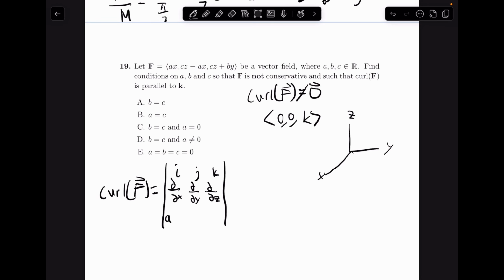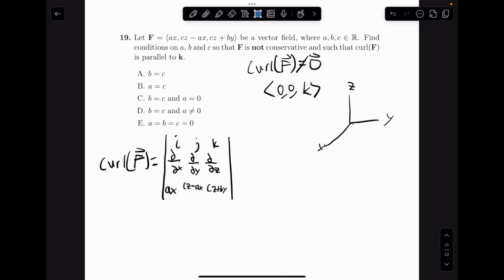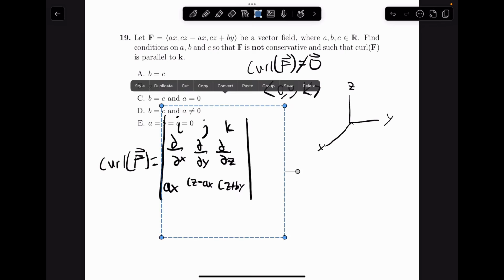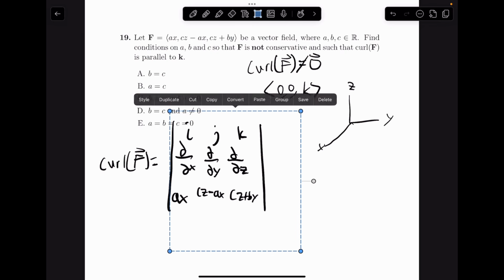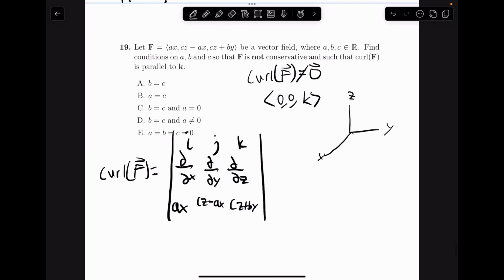And then we just fill out the components of the force field: cz minus ax, and I'm running out of space here. Maybe I should have made that a little bigger. I'm going to try to make it a little bigger. I don't know how it's going to scale, but we'll see. Not too bad. Okay, there we go. Hopefully I did that right.